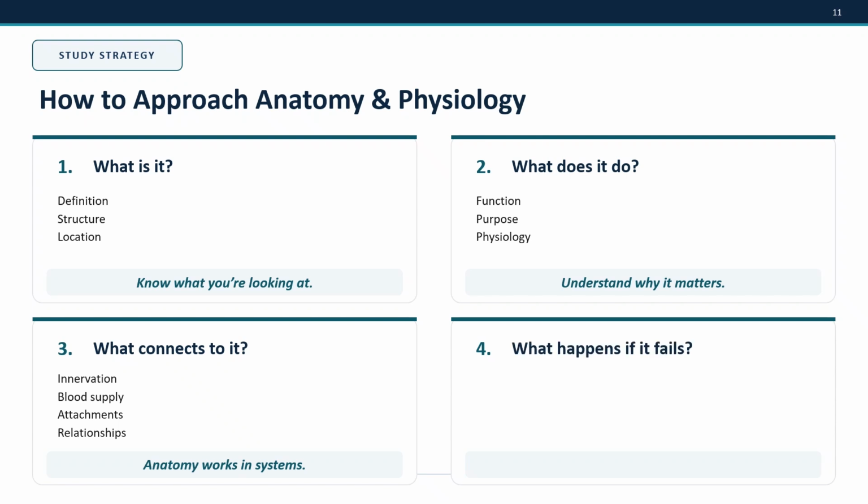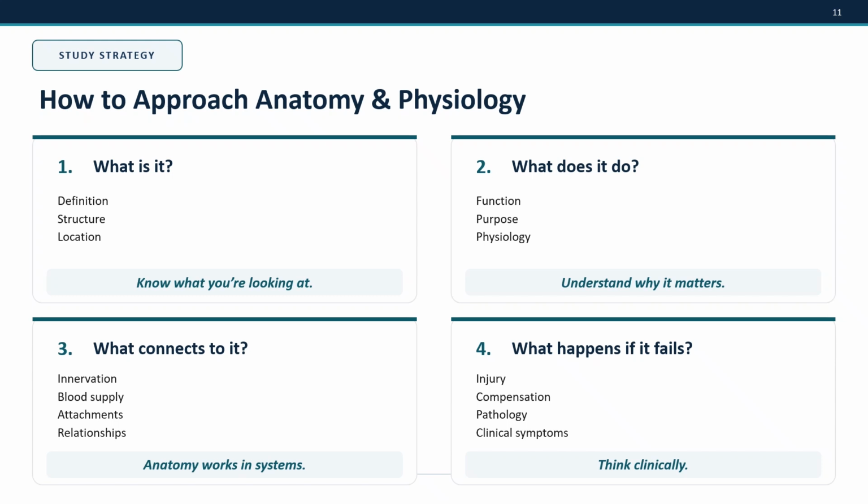Lastly, ask yourself what happens if it fails. Injury, compensation in different scenarios, the different pathological mechanisms behind if you are ill. How is inflammation going to affect that structure? Things like that. What symptoms may someone come in with if this structure is the issue? So think clinically.